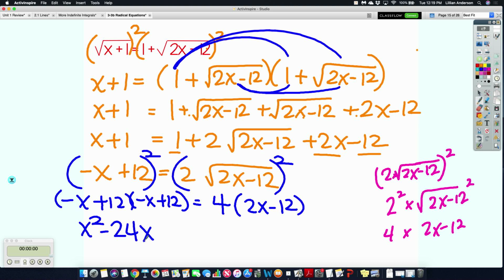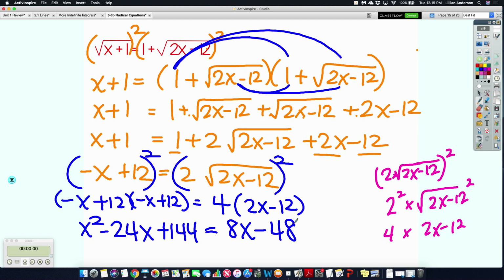Then 12 times 12 is, on the right side, this gives me an 8x minus 48. And you better believe, besides the fact that you have to square 2 different times, FOIL twice, to bring it up onto that high level, you're going to have to deal with a good old quadratic.